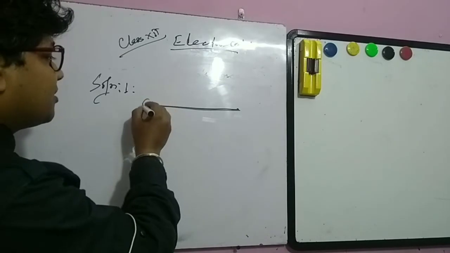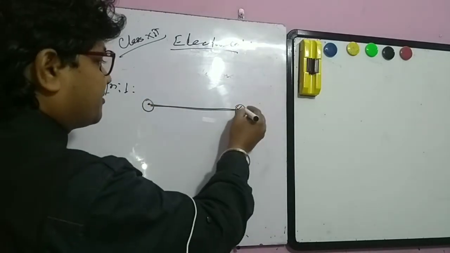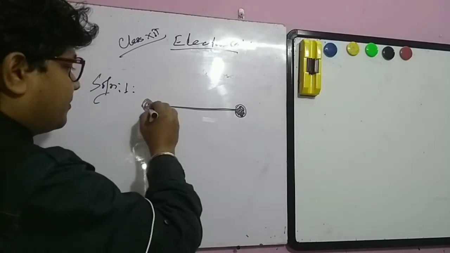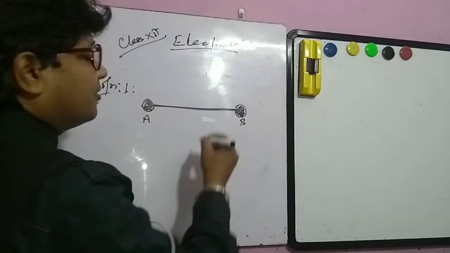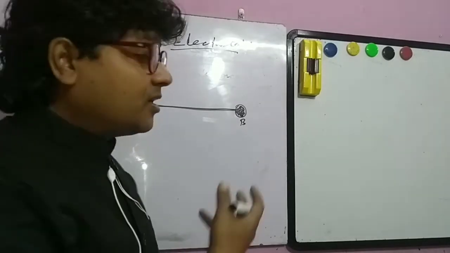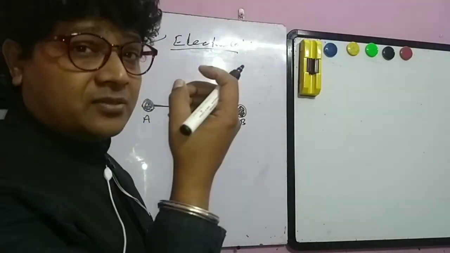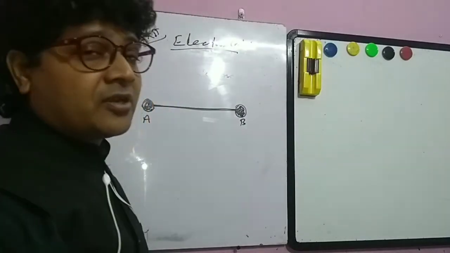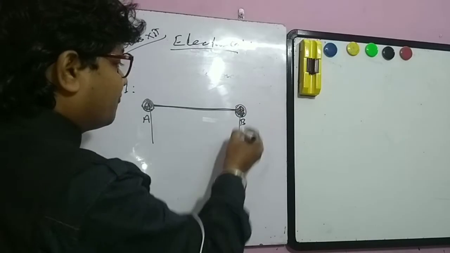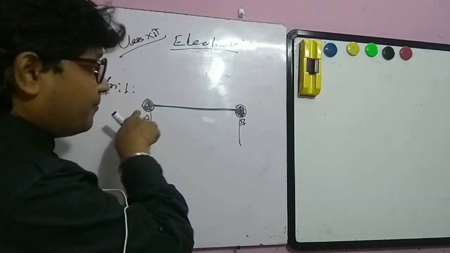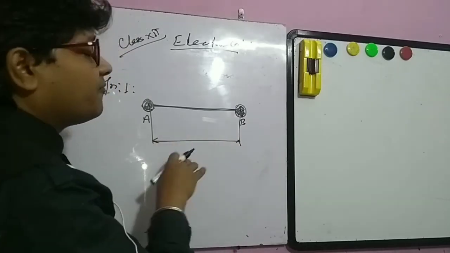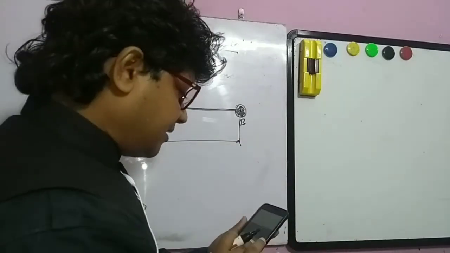So basically these are two metal spheres, A and B. We need not worry about the metal sphere because we are not provided with the dimension, volume or radius of this metal sphere. We have to take the distance from the center of one to the center of the other, and the center of A and center of B will be connected, right?